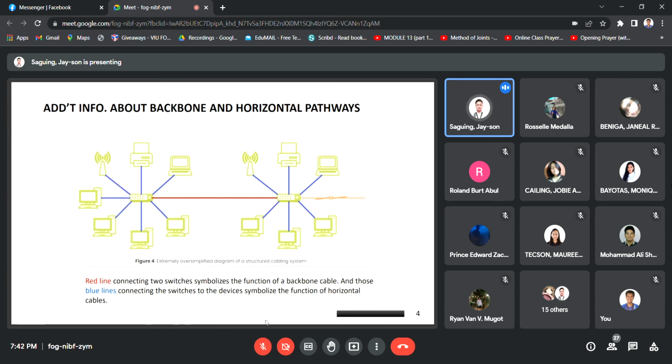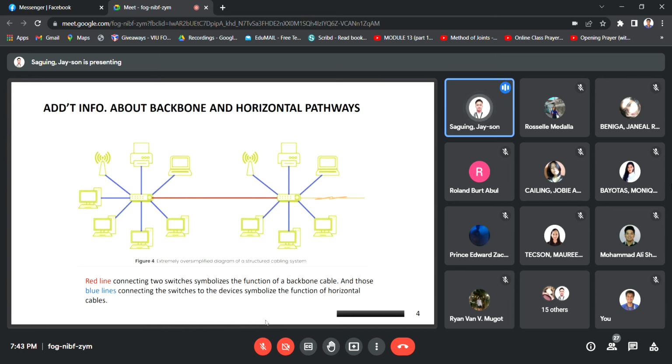So for more information about backbone and horizontal pathways, the network in Figure 4 is perhaps the simplest example of what's known as a structured cabling system or SCS. But we cannot say that this figure is a structured cabling system, because it would have to include all of the connecting hardware, mounting hardware, blueprints, testing procedures and results, and much more.